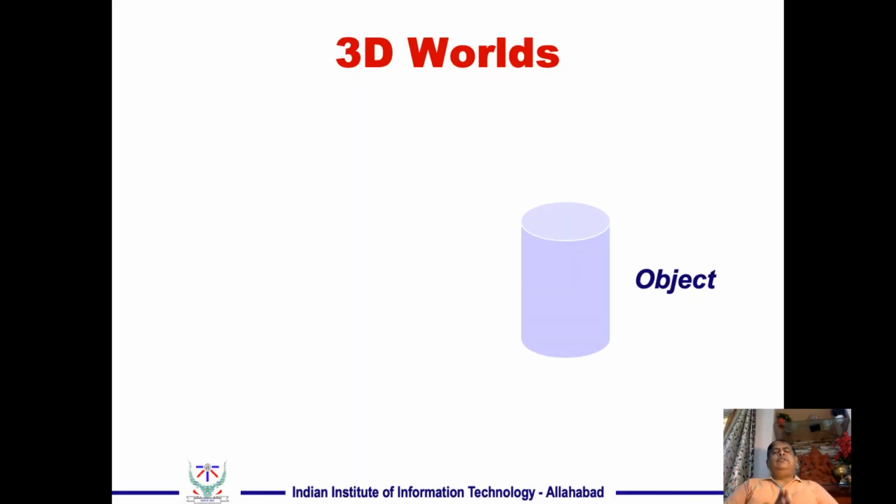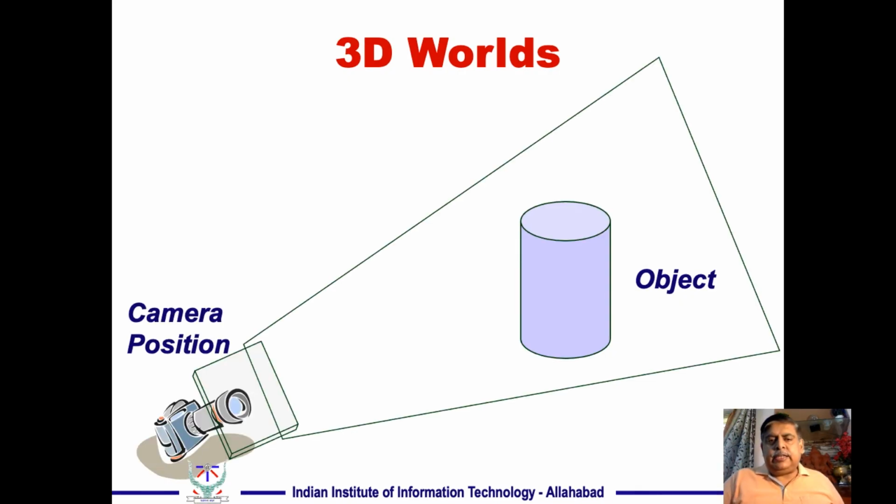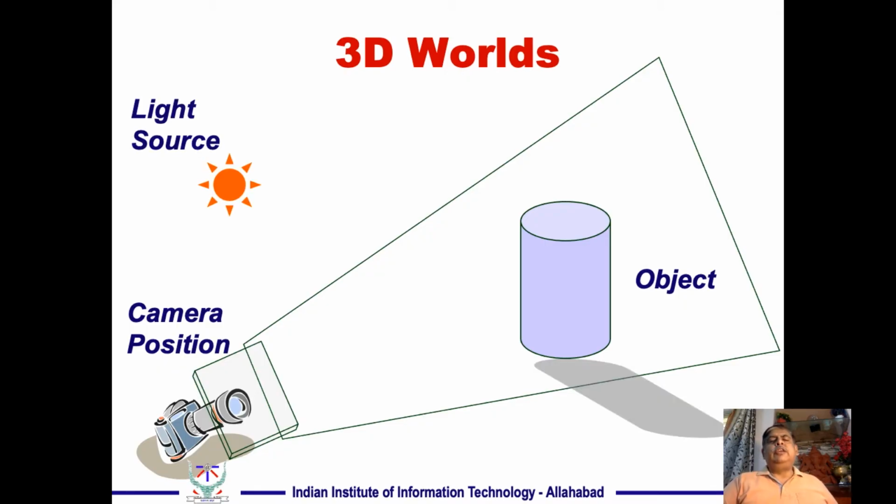Now let us assume a 3D world and we have a cylinder as an object. So we place a camera and we see here the camera looking at the cylindrical object. Now we position in the world coordinate the light source, and the moment we position a light source, we see the object producing a shadow.